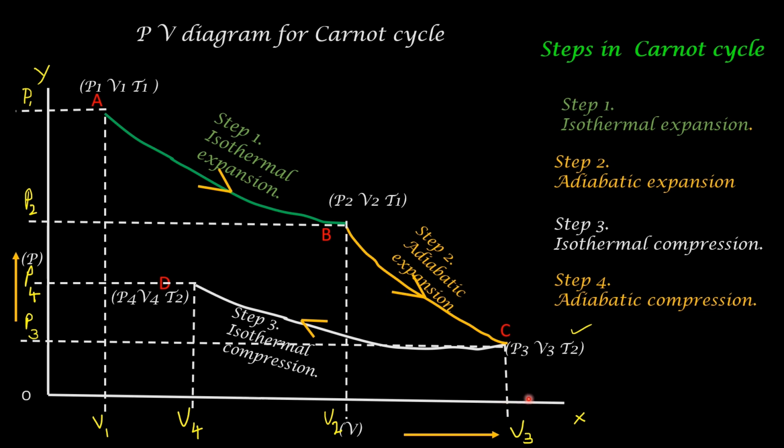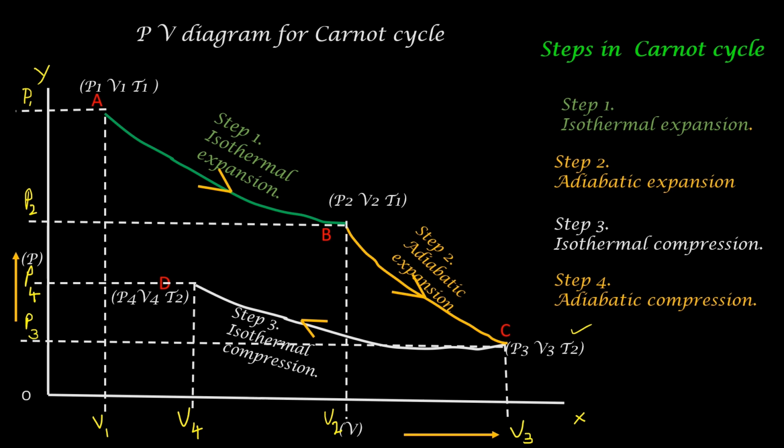Initial volume is V3 and the final volume is V4. We are moving from right to left along the x-axis, so the volume is decreasing. In the y-axis, we are moving in the direction of increasing order, so pressure increases to P4. Temperature remains constant, so it is isothermal compression.